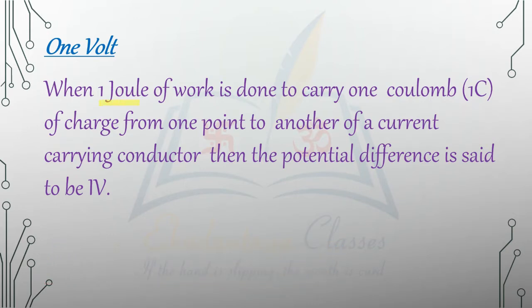When 1 joule of work is done to carry 1 coulomb of charge from one point to another point of a circuit or a current carrying conductor, then the potential difference is said to be 1 volt. See here, 1 volt equals 1 joule divided by 1 coulomb.